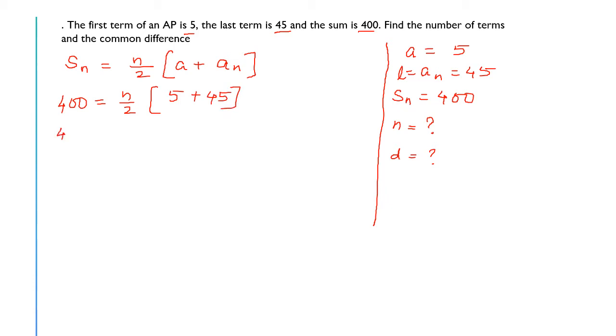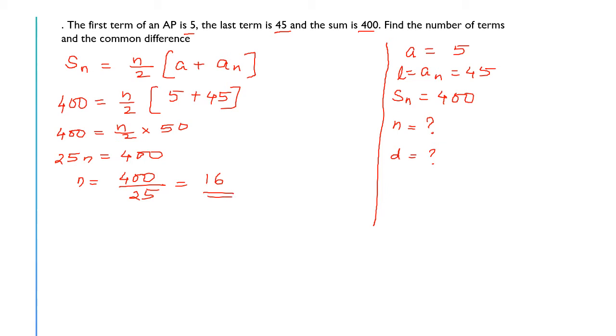So we get 400 is equal to n by 2 into 50, that is 25n. 25n equal to 400, or n is equal to 400 by 25. What is the answer? 400 by 25 will be 16. N equal to 16.